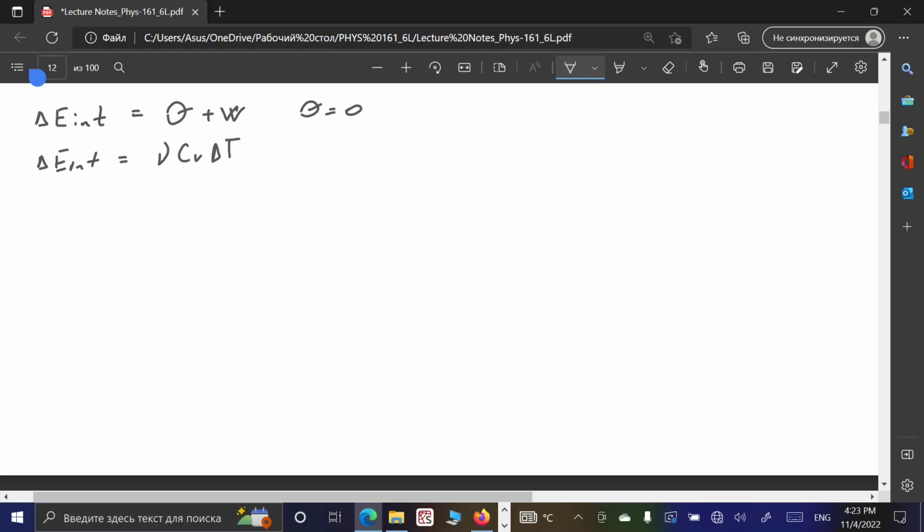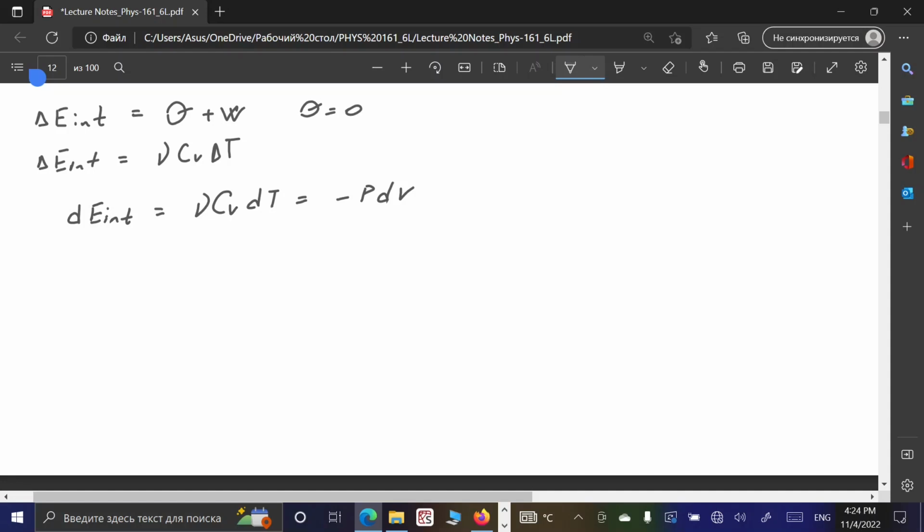So a small change of internal energy, dE internal, will be equal to nu times Cv times dT, and that should be equal to minus P times dV, meaning work done by the system.